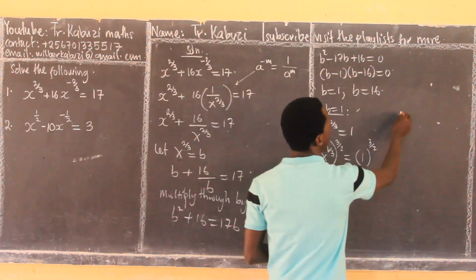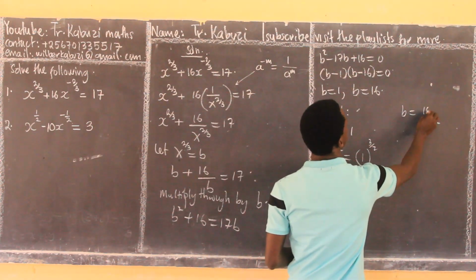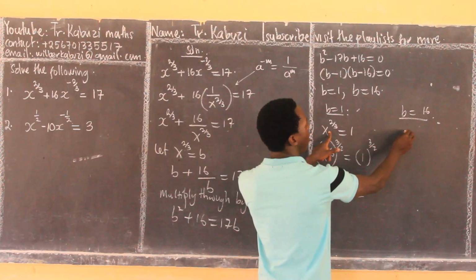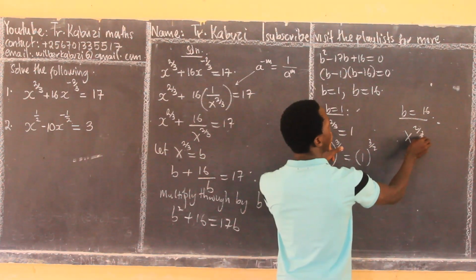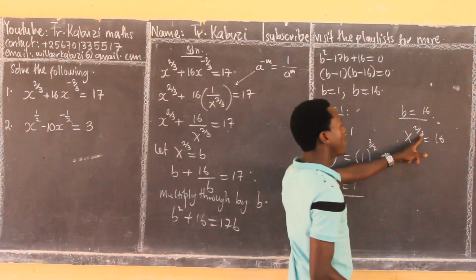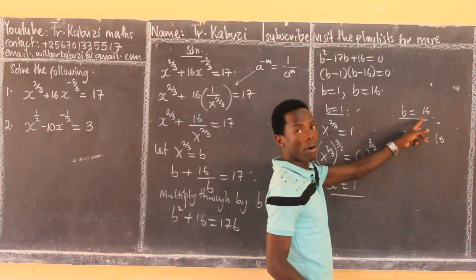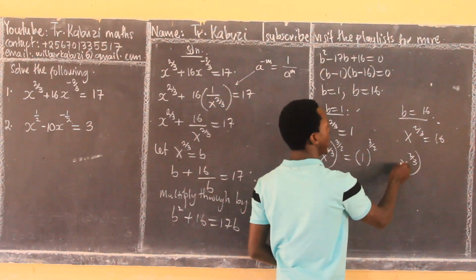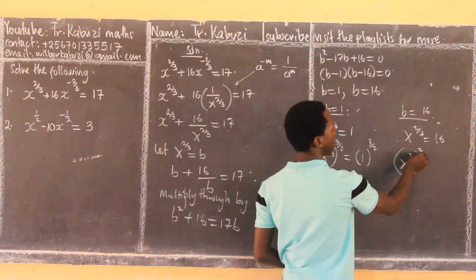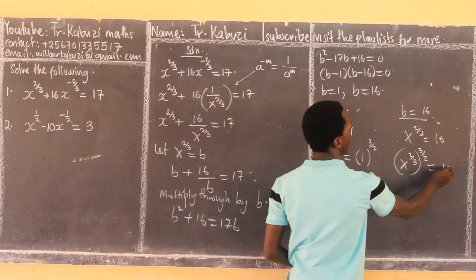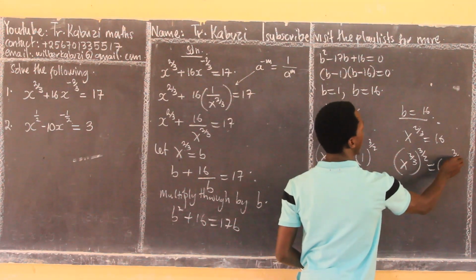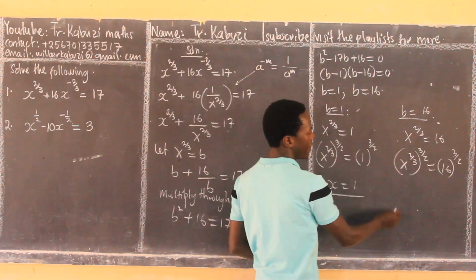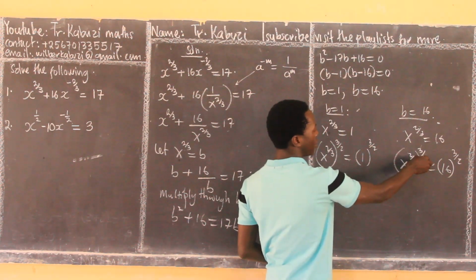Now when my b is 16, I have x power 2 over 3 equaling 16. To remove this, I multiply by the reciprocal of this power. So I have x, and the reciprocal of the power becomes 3 over 2, equal to 16 power 3 over 2. You see this will go, this will also go.